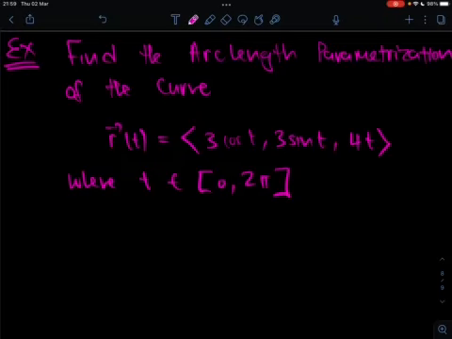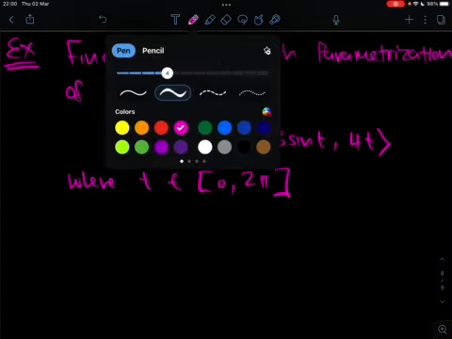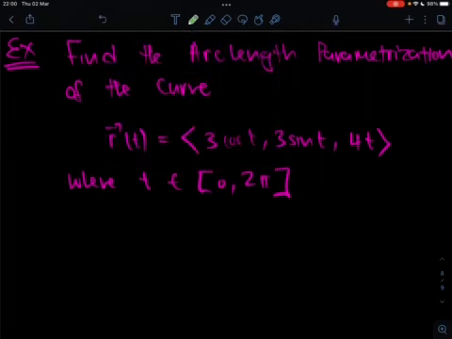So how can we find the arc length parametrization? How can we change the parameter from being t to being s? That's the question that we want to answer now. To answer this question, at first we invoke what we know.